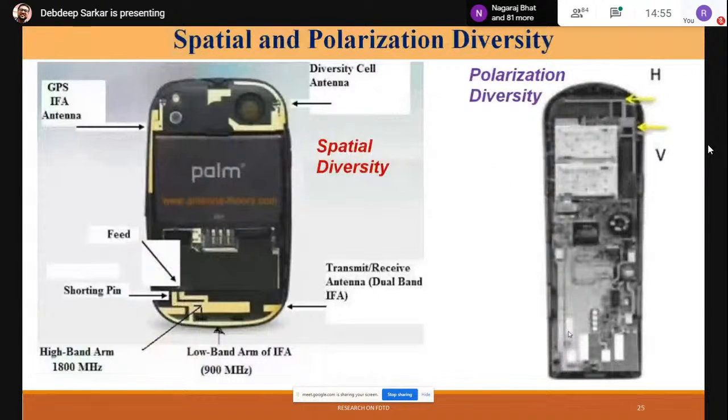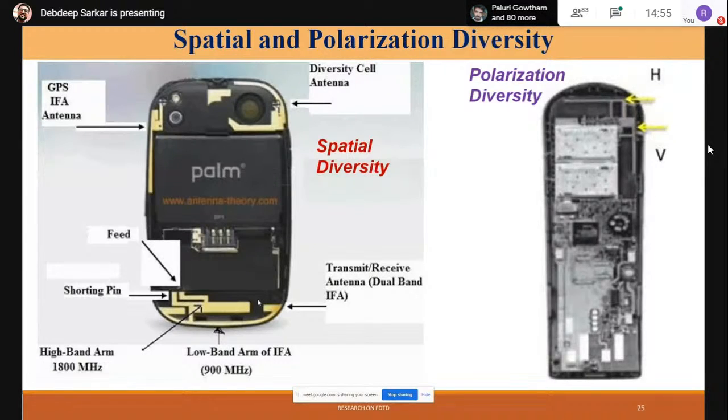But later on, people started using this diversity concept, where apart from the normal antenna, we had another diversity antenna for reception, and that can be spatial diversity or polarization diversity. We need to ensure that between the main antenna and the diversity antenna there is very little coupling and very little correlation.